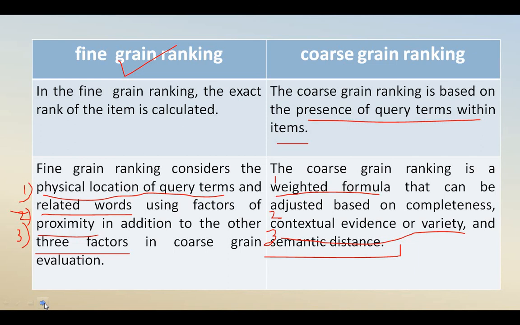Whereas in coarse grain ranking, it is calculated based on the presence of query items within the items, and semantic distance and variety are the main factors. Coming to the fine grain ranking, it takes into consideration proximity, related words, and the other three factors of the coarse grain ranking.